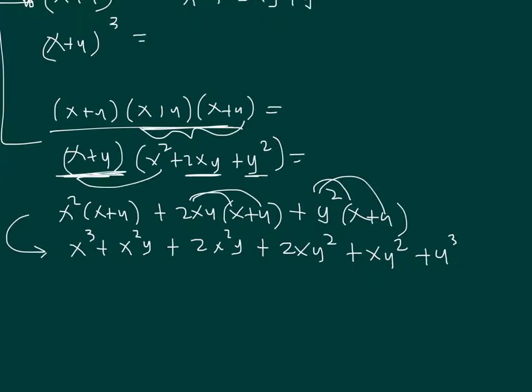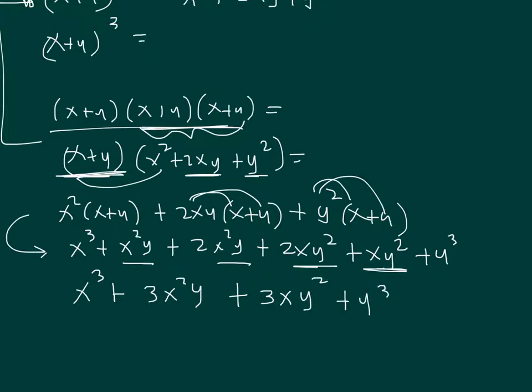And we try to look at some of the similar terms. So this is x squared y, so this can be combined into 3x squared y. At the same time, I have xy squared, all in all I have 3xy squared, and then plus y cubed.